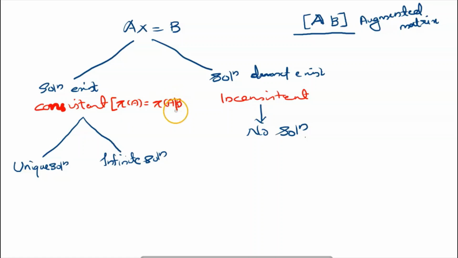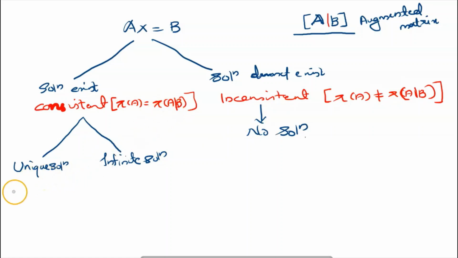I separate it with a slash, A, and the last column is B. So if rank of A equals rank of the augmented matrix, then the system is consistent. Inconsistent means rank of A is not equal to rank of the augmented matrix.